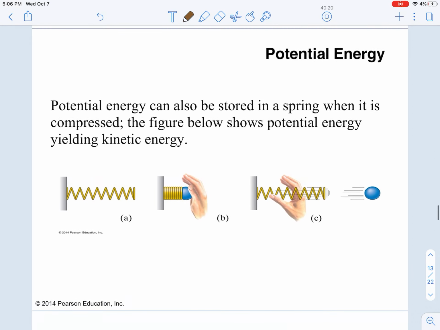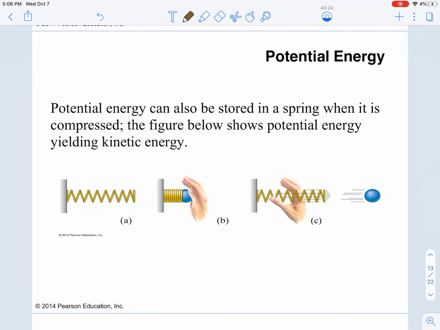Okay, so let's talk in more detail about how potential energy can be represented or created inside of a spring. So once again, we're dealing with stored up energy. Here we have a picture of my spring when it is at rest.